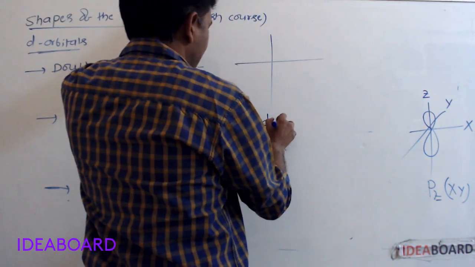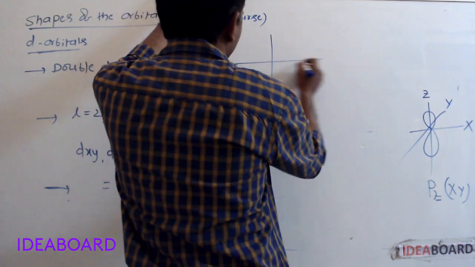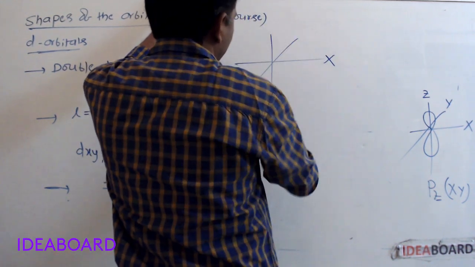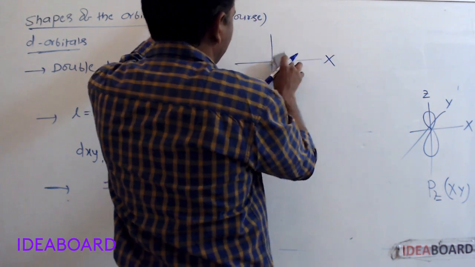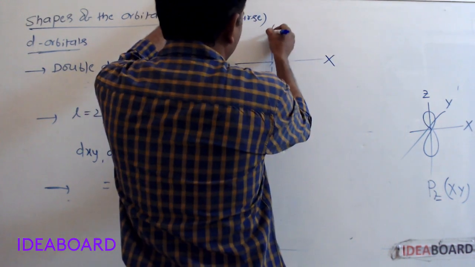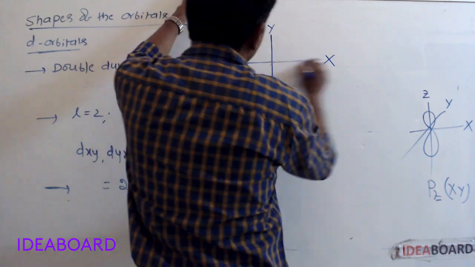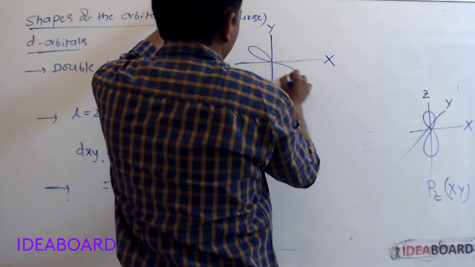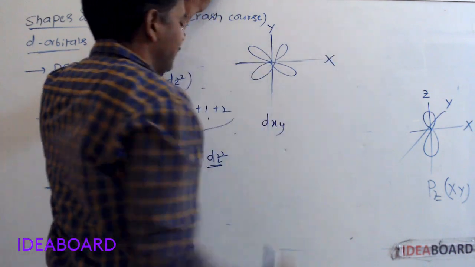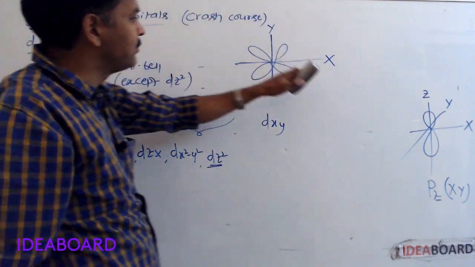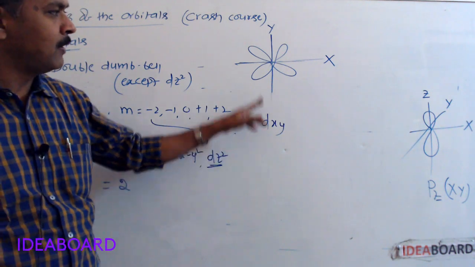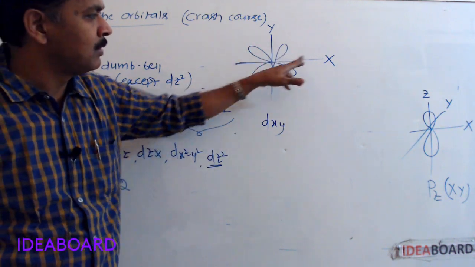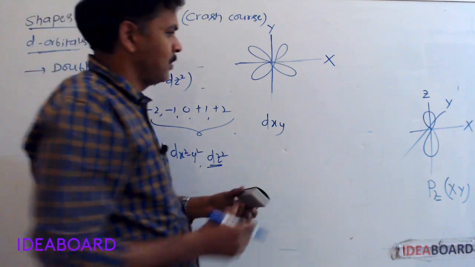If we take dxy, with the x-axis and y-axis, it has double dumbbell shape. Lobes are between the x and y axis. For dxy, lobes are oriented between x and y axis.